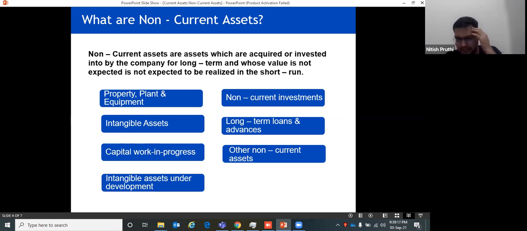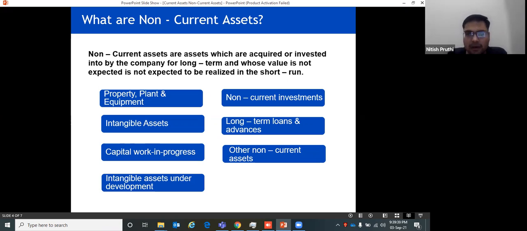The debtors are generally for a shorter period of time. Now let's say your debtor has not paid you for more than 12 months. There may be some business emergency, or maybe you have given him an extended credit period. Since it is for a longer period of time, it can be classified as a non-current asset.